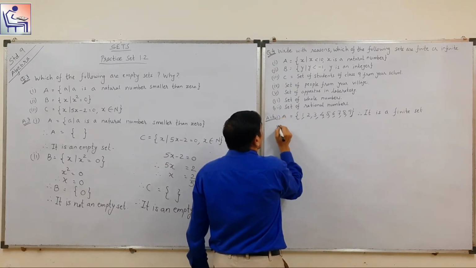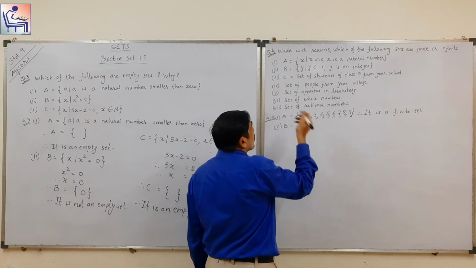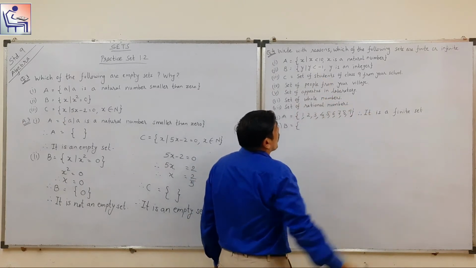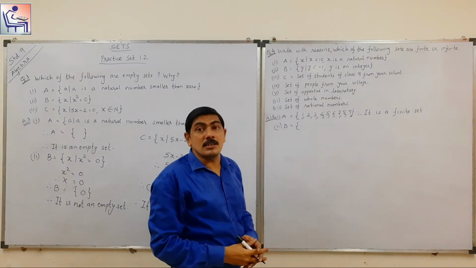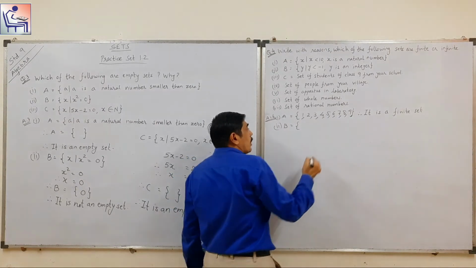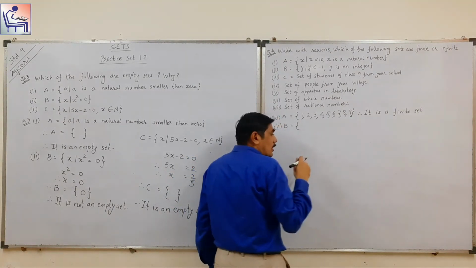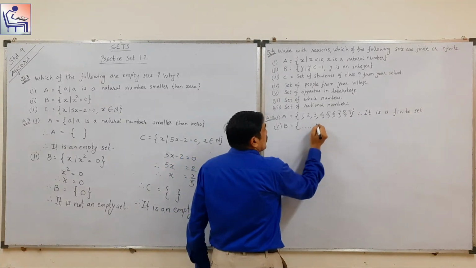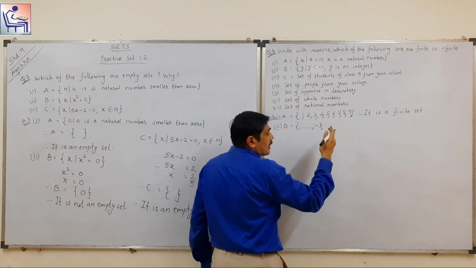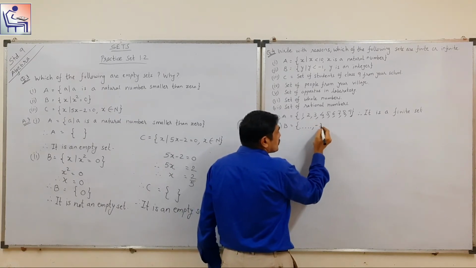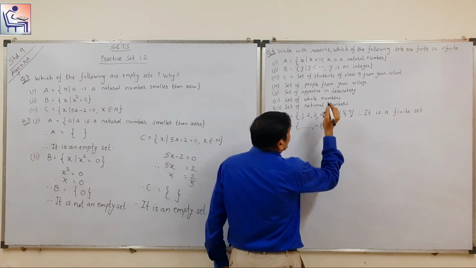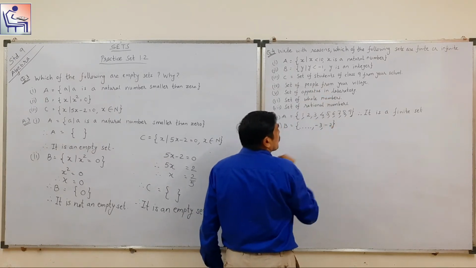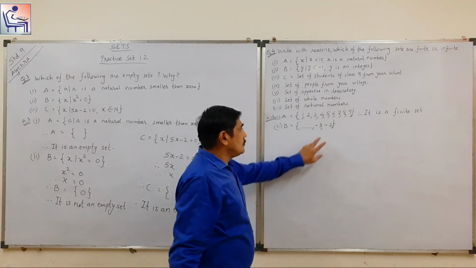Now, after the first, we will see the second. B is the set of all y such that y is less than -1 and y is an integer. Less than -1 means all the negative numbers below -1. We start from unlimited numbers, then all negative numbers, then -3, -2, and -1 is not included.